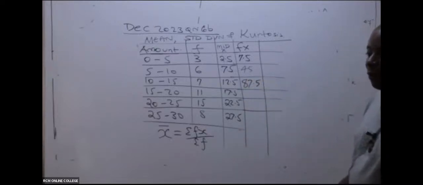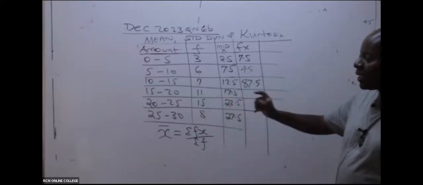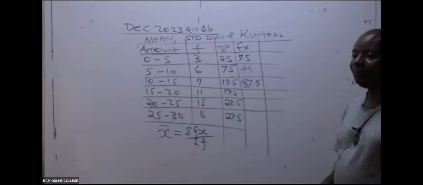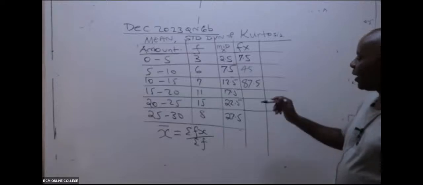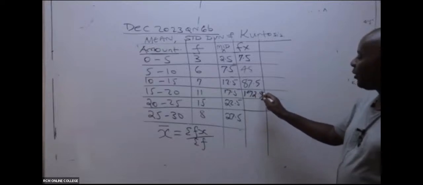From there, the next one is f times x. 11 times 17.5, please give me an answer. 192.5.